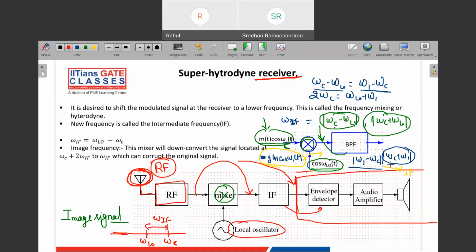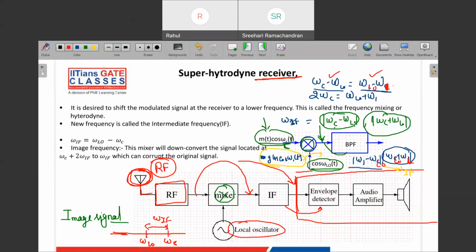Oh wait, there is one thing wrong here. This is LO. So the distance between LO and omega c is the same as the distance between LO and omega image.